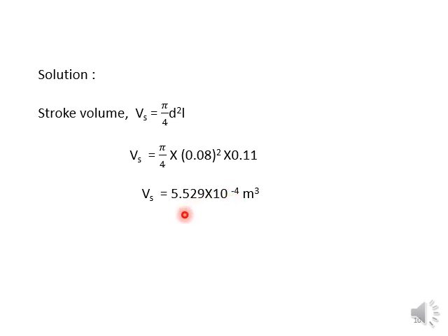After getting the stroke volume, we can calculate the r value by using the formula Vc plus Vs by Vc. So substitute Vc value and Vs value, we will get the compression ratio value. r is equal to 10 power minus 4 plus 5.529 into 10 to the power of minus 4 divided by 10 power minus 4.